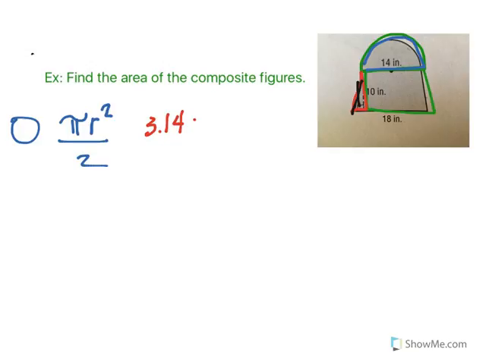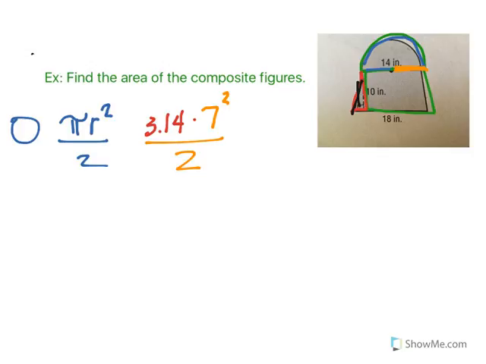Again, my radius is from one end of the circle to the center point. Half of 14 is 7, so we're going to take 7, square it, and then divide this all by 2.